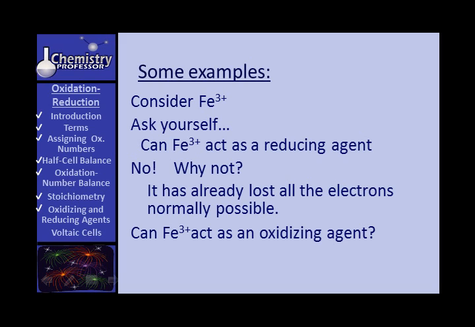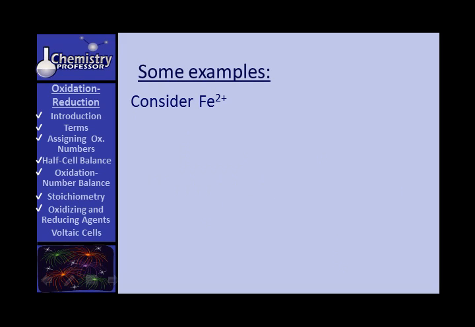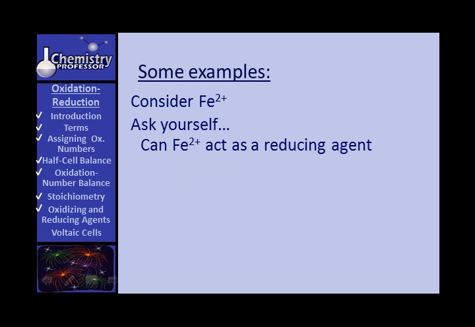Well, can the ferric ion act as an oxidizing agent? And the answer is, can it gain electrons? Certainly. It can form the ferrous ion or metallic iron, either one. Now consider the ferrous ion, the Fe+2, and ask yourself, can the ferrous ion act as a reducing agent?